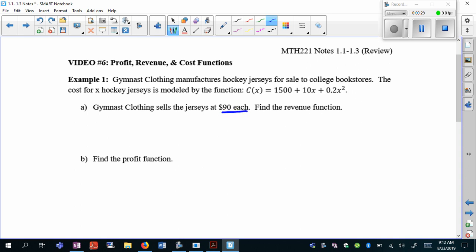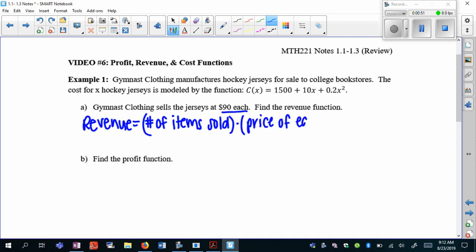Find the revenue. Revenue, as you've probably seen in your business classes, is just the number of items sold times the price of each item. This will always be true.